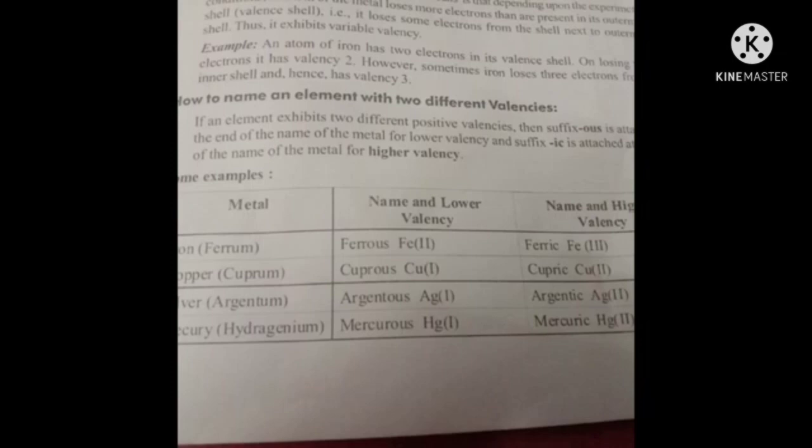For example iron metal, that is ferrum. It has variable valency. For low valency number the name given is ferrous. For higher valency number the name given is ferric.